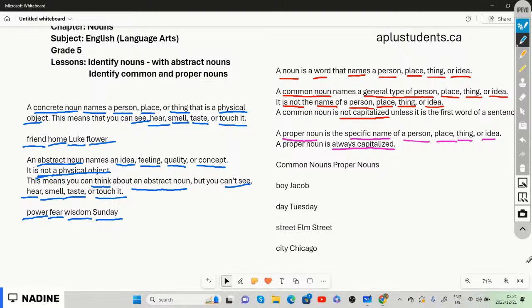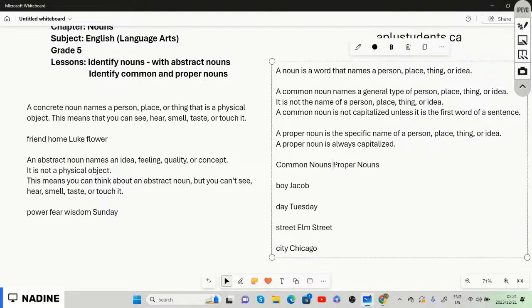All right, so now we're going to look at the differences between a proper noun as well as a common noun.